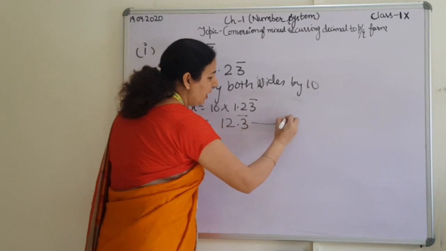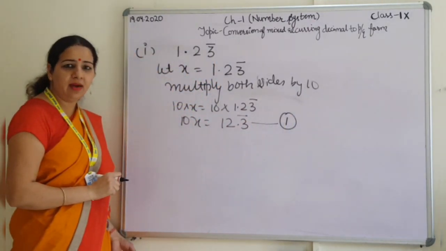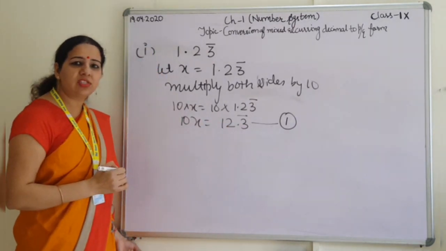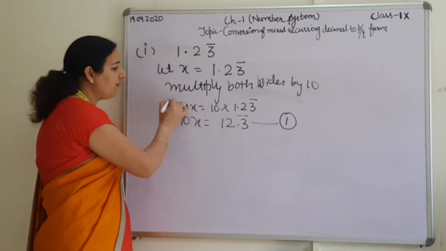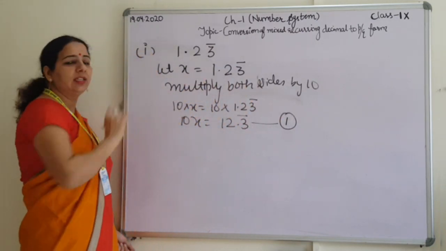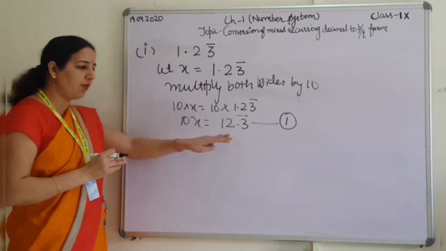So this time our answer will start from this point. This is our equation number 1. Now the bar is on one number, so multiply both sides by 10. This 10 that we multiplied earlier was just to shift this to this side. But now we have to solve the question, and the question starts from this point.